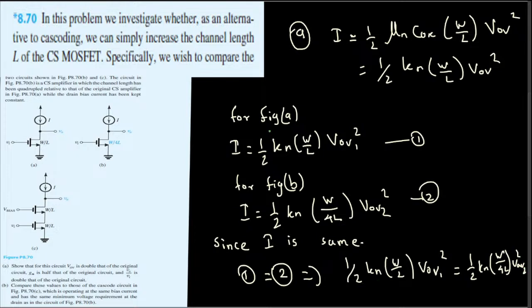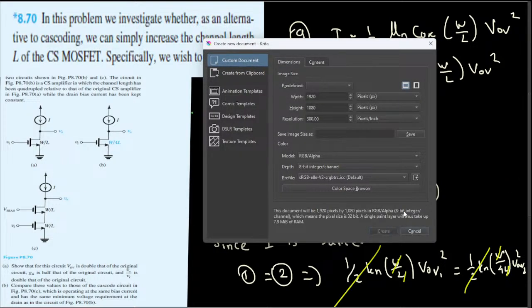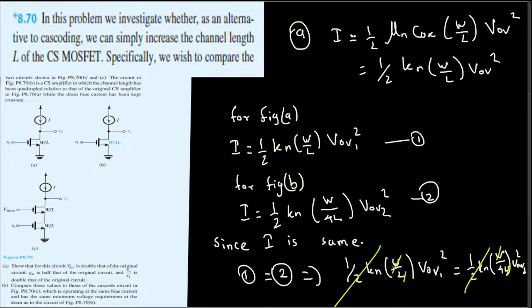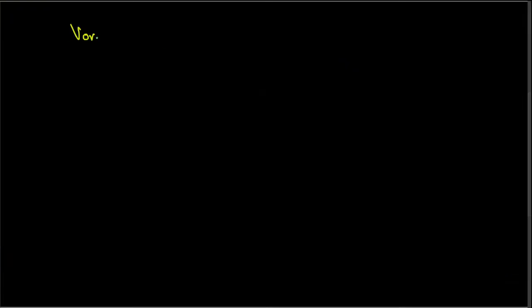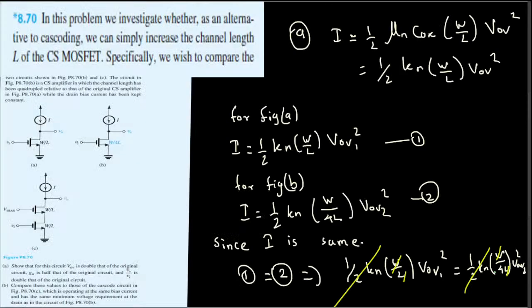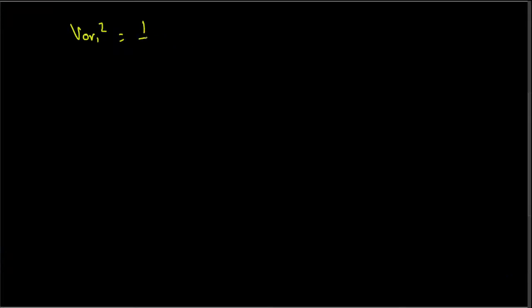Here we can cancel the like terms: half Kn cancels, W over L cancels. What is left is V overdrive 1 squared on one side, and on the other side we have 1 over 4 times V overdrive 2 squared.